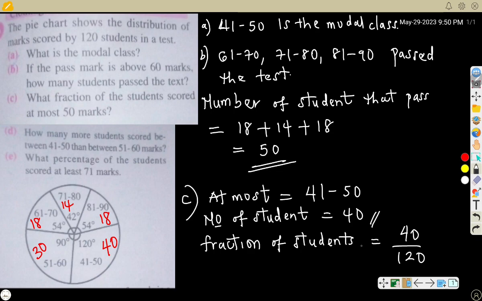If you reduce, 0 cancels 0, 4 here 1, 4 here 3, so this is 1 over 3. This is the fraction that scored at most 50.